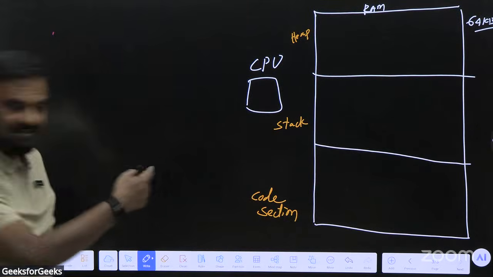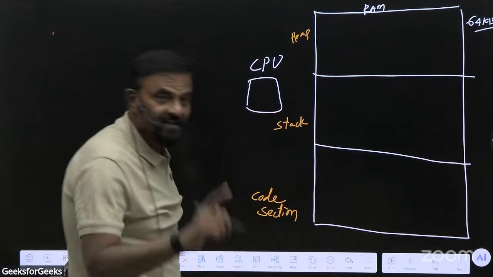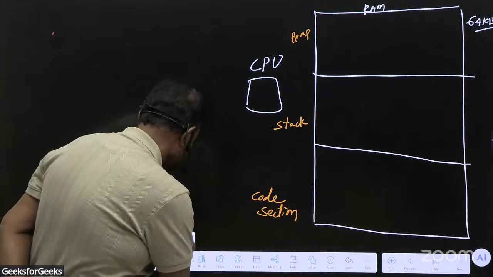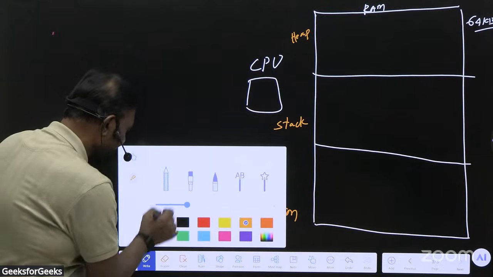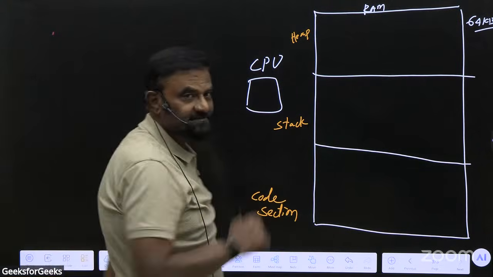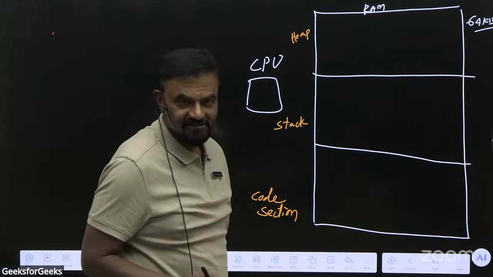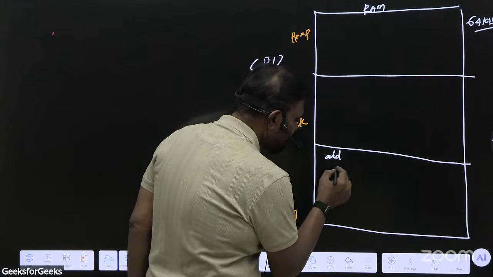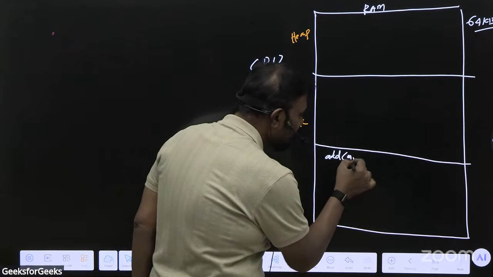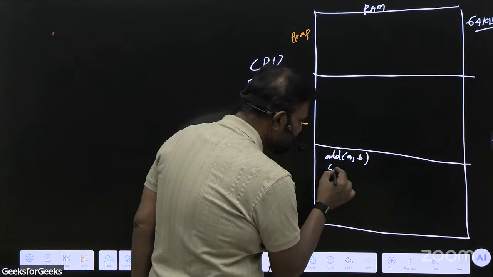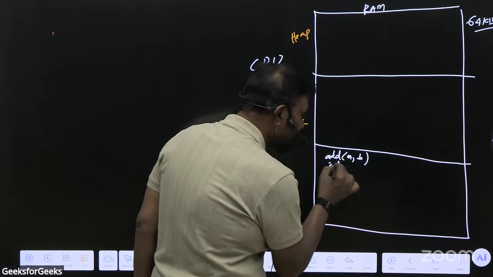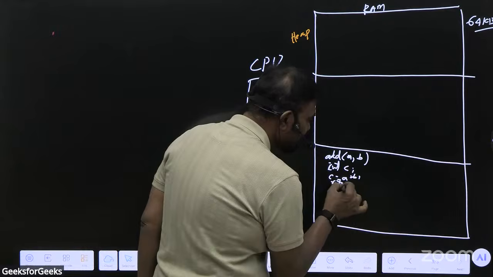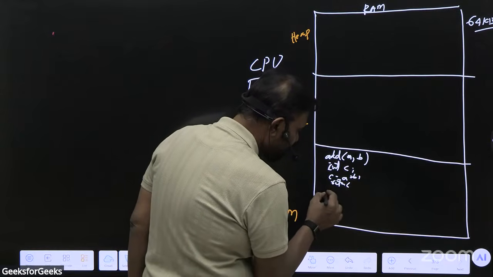So how it uses is like this. Now let us see. The program is loaded. Where is the program loaded? In the code section. So I will write the program here. It has add, taking A and B, and int C. C is assigned A plus B, and it returns C. Now next is main.